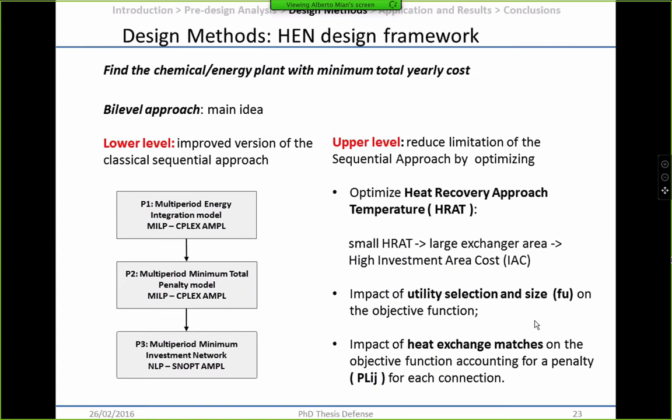Then we can optimize the size of those utilities that I was considering, and we can optimize the penalty level of this step in order to see what are the impacts of considering different heat exchanger configurations on the total cost of the plant.